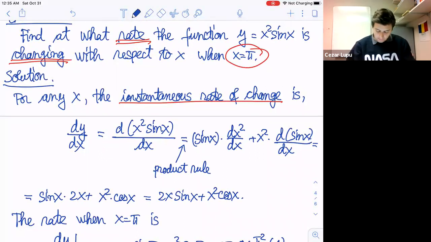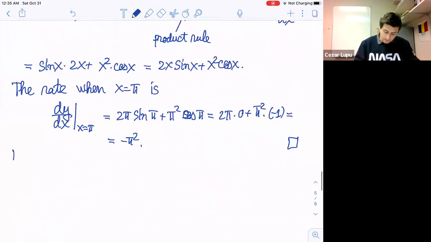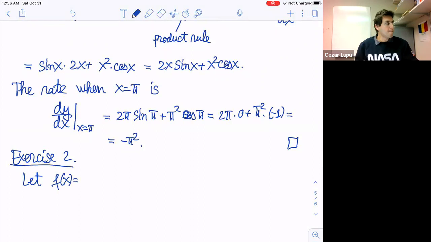Now let me think of another one before we talk about the relative rate of change. Let me do another exercise, exercise 2. And for this exercise, let me consider the following function. Let me take a quadratic function. So let me take f of x is x squared minus 4x plus 7, right? So this is my function.